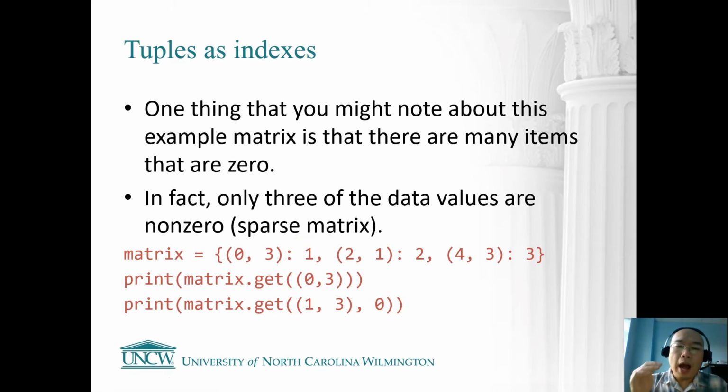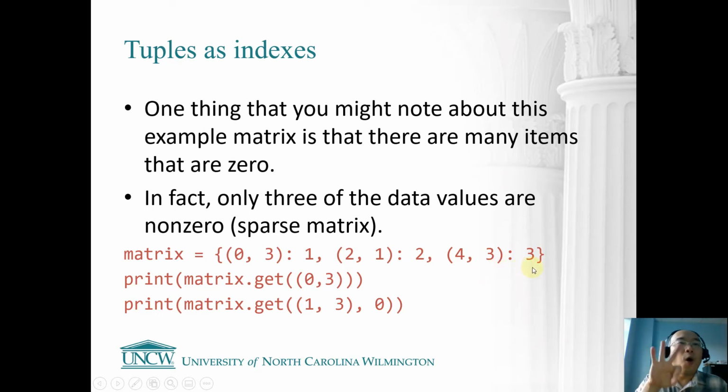Okay, so I want to transform such a matrix into this form. There are only three entries. With x as 0 and y as 3, there is a non-zero value 1. With x coordinate 2 and y coordinate 1, there is another non-zero value, 2. With x coordinate 4 and y coordinate 3, there is another non-zero value, 3.